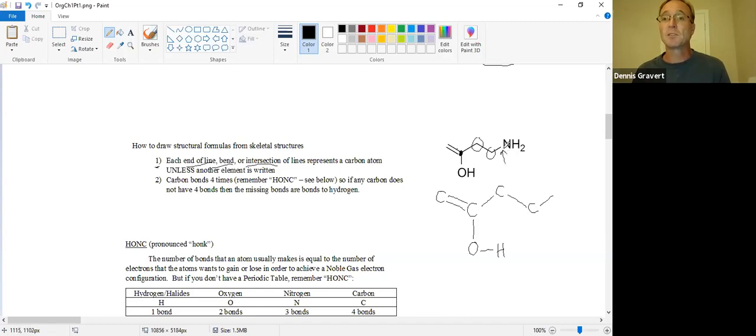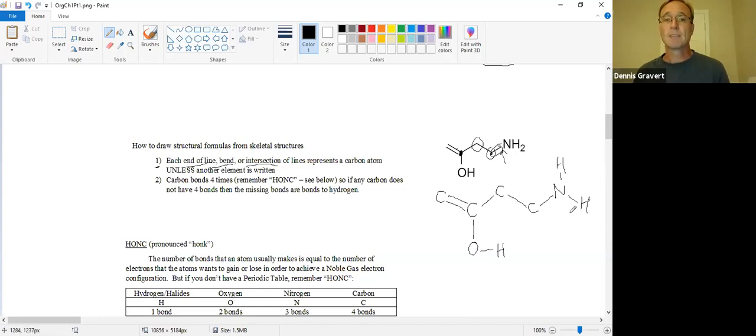You probably notice a gap here, and so technically the end of the line still connects to the N. There's not enough room to put a new bond between the end of this line and the N. Just realize that, hey, there's a line here. That's this line here. Connects something here that's not specified. Well, that's carbon. And that other side of the bond connects to nitrogen. And then there's two H's connected to this nitrogen atom.